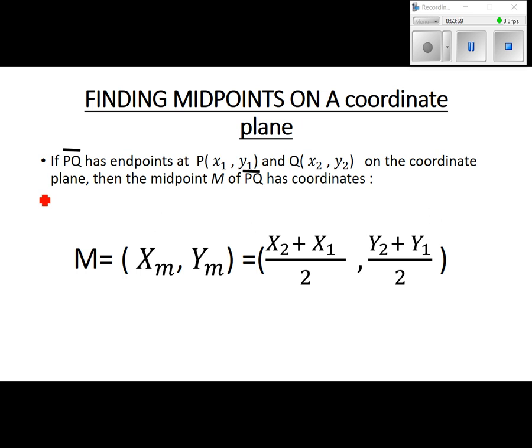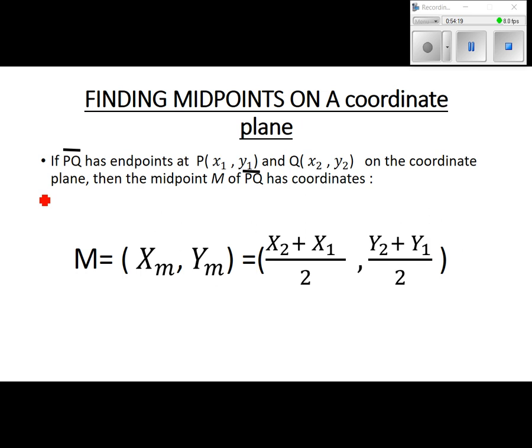Anybody have any ideas what that stands for? Sorta. It's X for the what? Midpoint, and Y for the midpoint. So this is your answer, the coordinates for the midpoint of our segment.